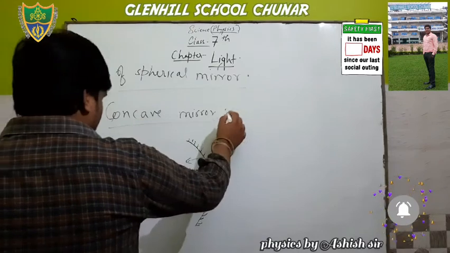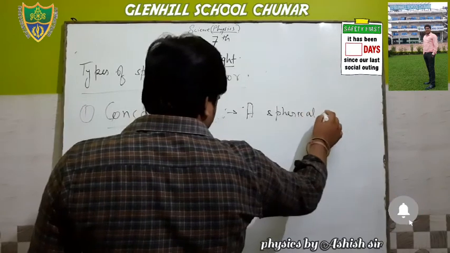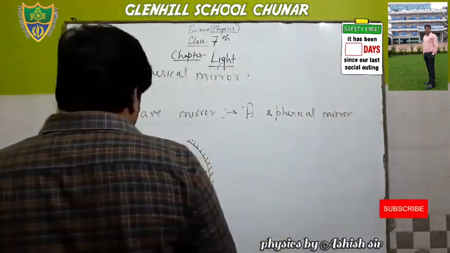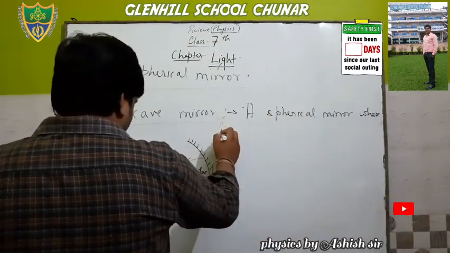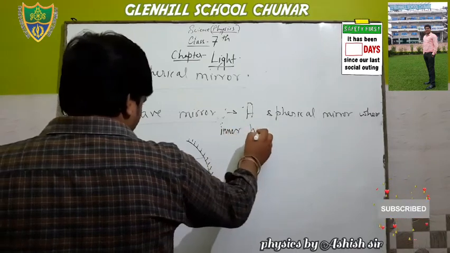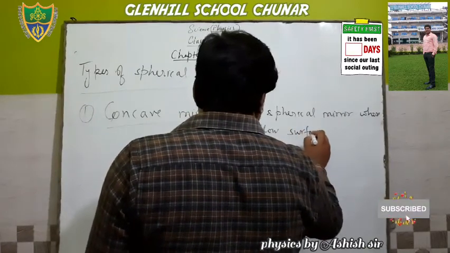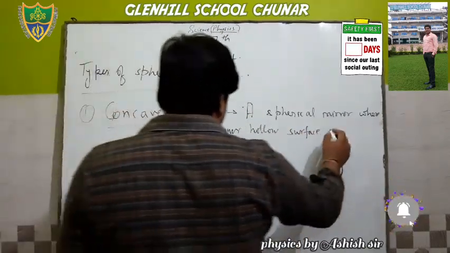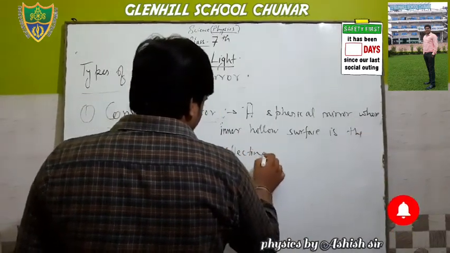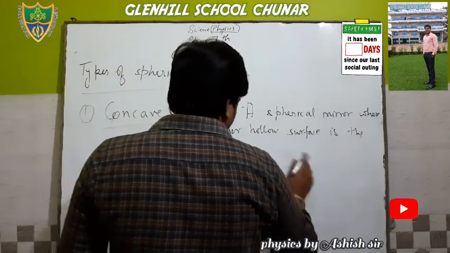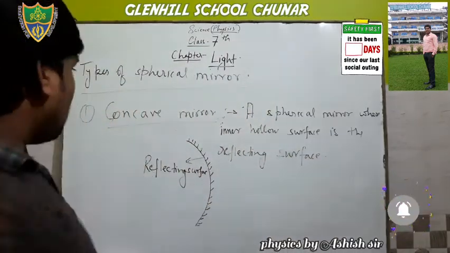So you write it here: a spherical mirror whose inner hollow surface is the reflecting surface is called a concave mirror.